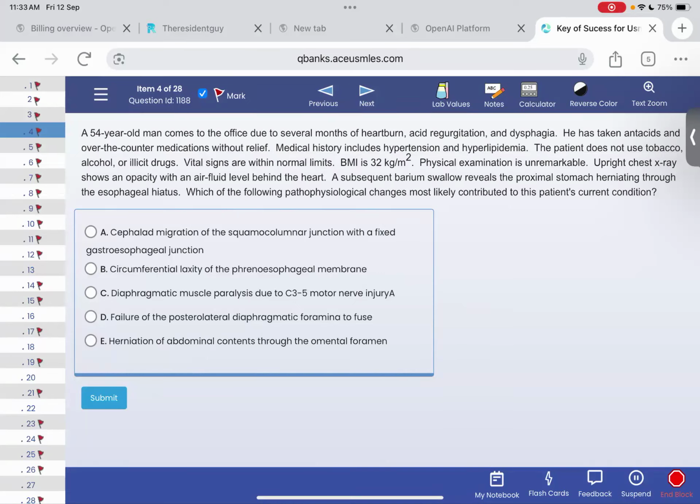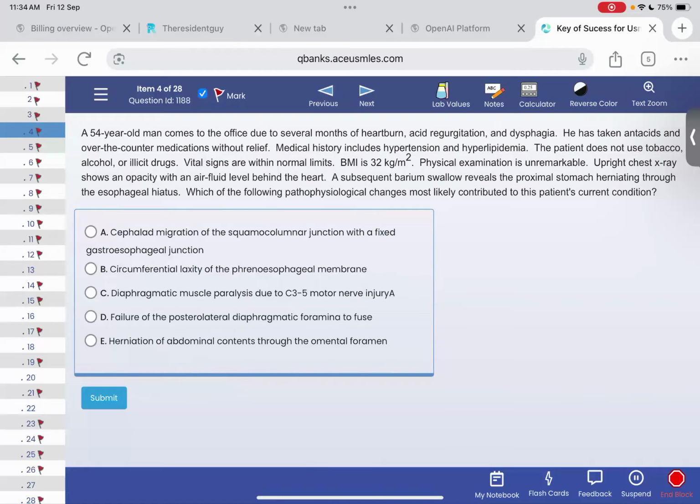The patient doesn't use tobacco, alcohol, or illicit drugs. Vital signs are within normal limits. BMI is 32. Physical examination is unremarkable. Upright chest X-ray shows an opacity with an air fluid level behind the heart. Subsequent barium swallow reveals proximal stomach herniation through the esophageal hiatus.